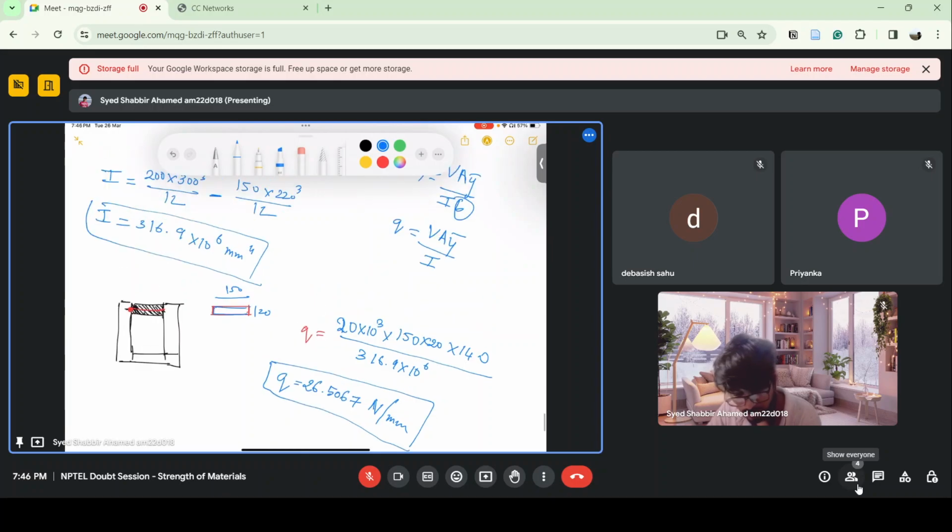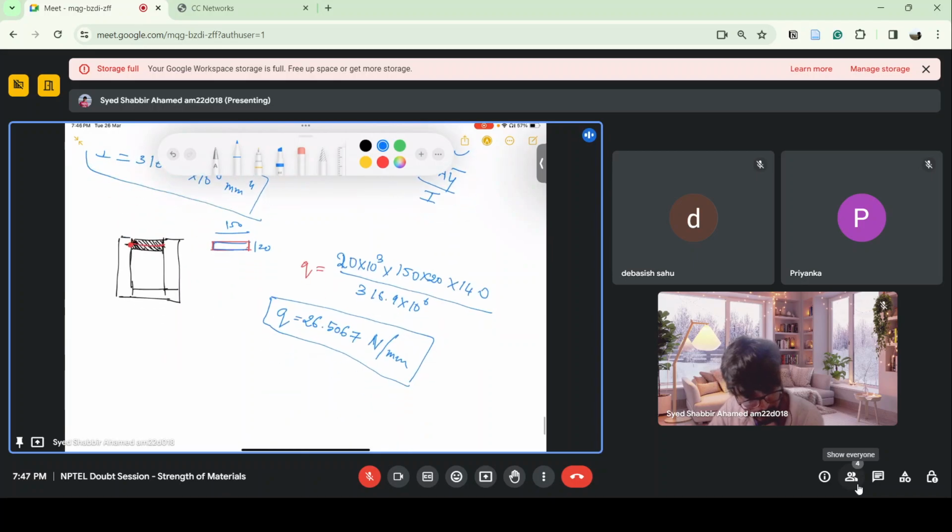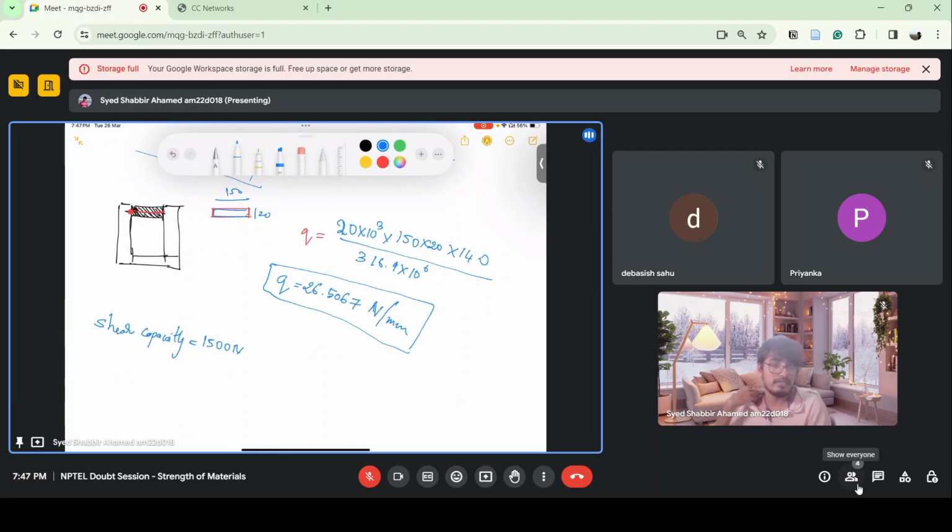Now he is asking what is the maximum permissible spacing. What they have given is that each screw has a shear capacity of 1500 newtons. If the shear force caused by the shear stress is more than this, then the screw will fail and the beam will fail.